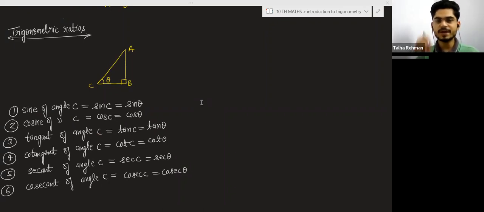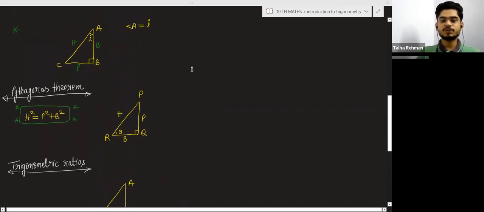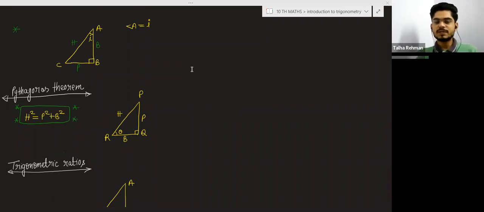And these trigonometric ratios are always included with the angle of a triangle. Like if you have the trigonometric ratio sine, then you will write it with some angle. I will explain it later also. Just note it down.